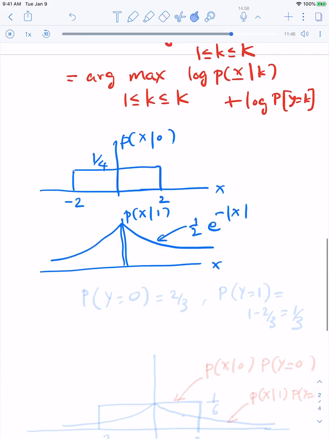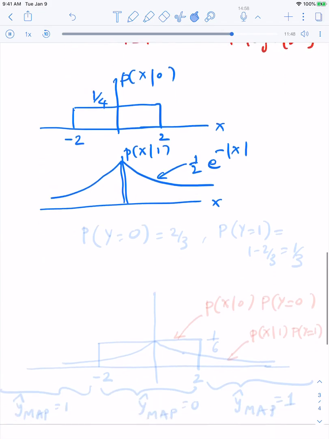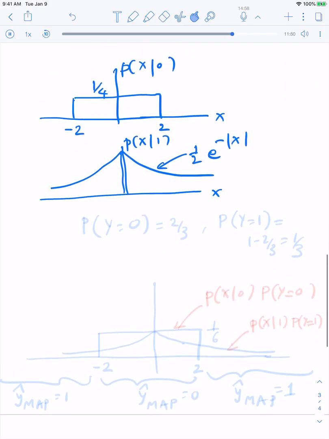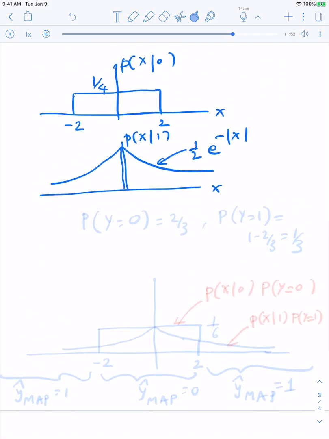But now suppose you have a prior probability of y being equal to 0 of say 2/3, and probability of y equals 1, hence obviously, is 1 minus 2/3, which is 1/3.